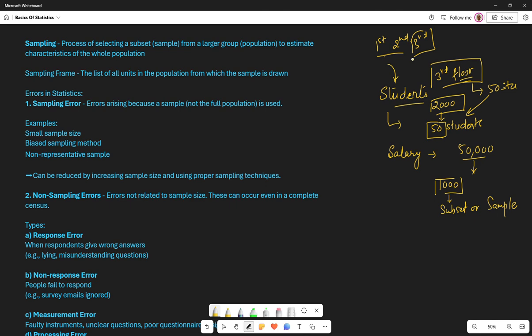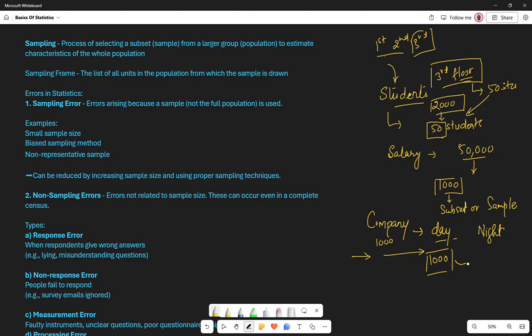Another example of a sampling frame: I have a company which runs in shifts. There are two shifts, a day shift and a night shift. I want to take a sample of 1000 employees from the company, and I say okay, I'll go in the daytime during the day shift and choose 1000 employees. Now this sampling frame might be underrepresenting the population.